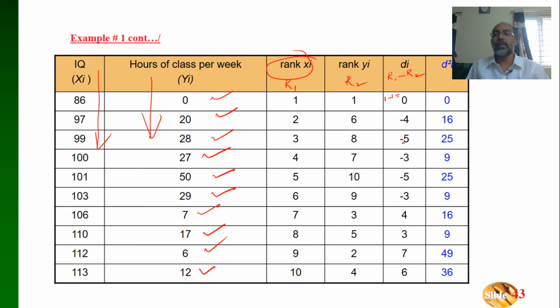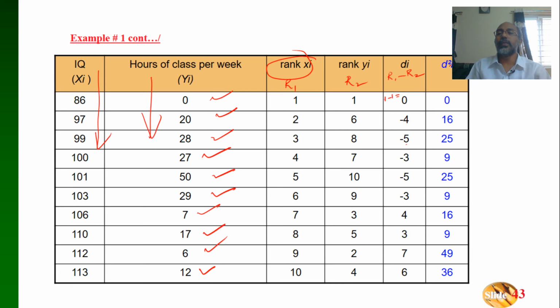Here 3 minus 8 is minus 5. 4 minus 7 is minus 3. 5 minus 10 is minus 5. 6 minus 9 is minus 3. 7 minus 3 is plus 4. 8 minus 5 is 3. 9 minus 2 is 7. 10 minus 4 is 6.